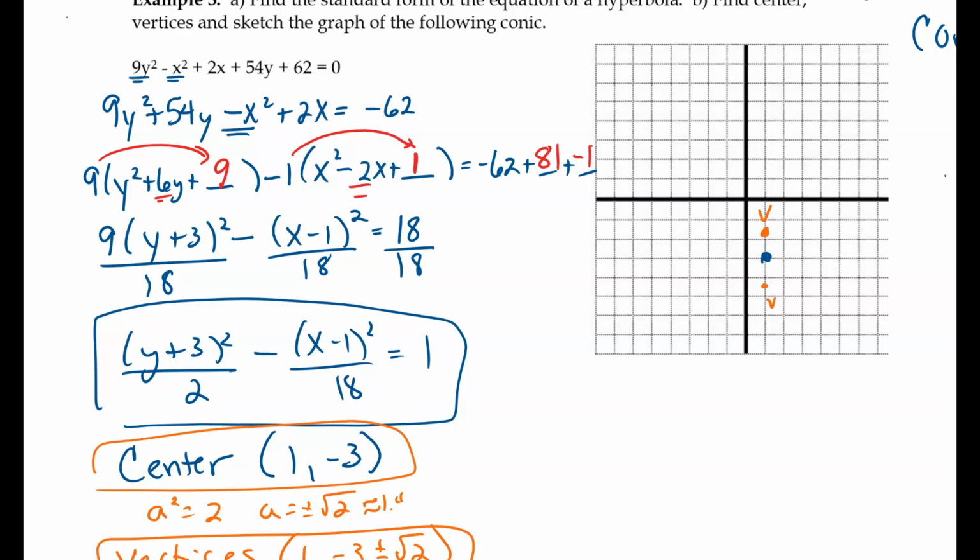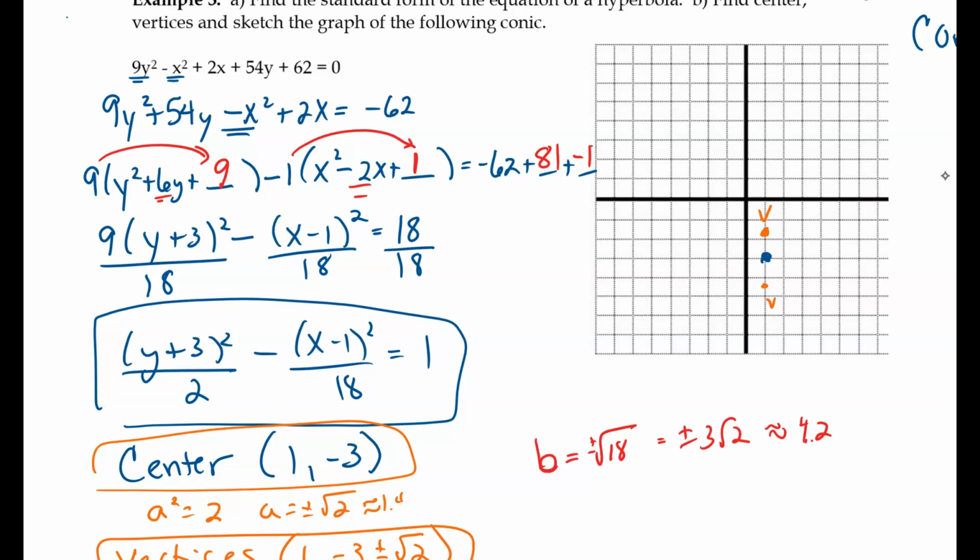We have to find B. All right, so B is going to be the square root of 18, which is about plus or minus 3 root 2, which is approximately around about 4.2, okay? So I go to the center, and I have to go horizontally, the opposite way that I did my vertices. So what do we get here?